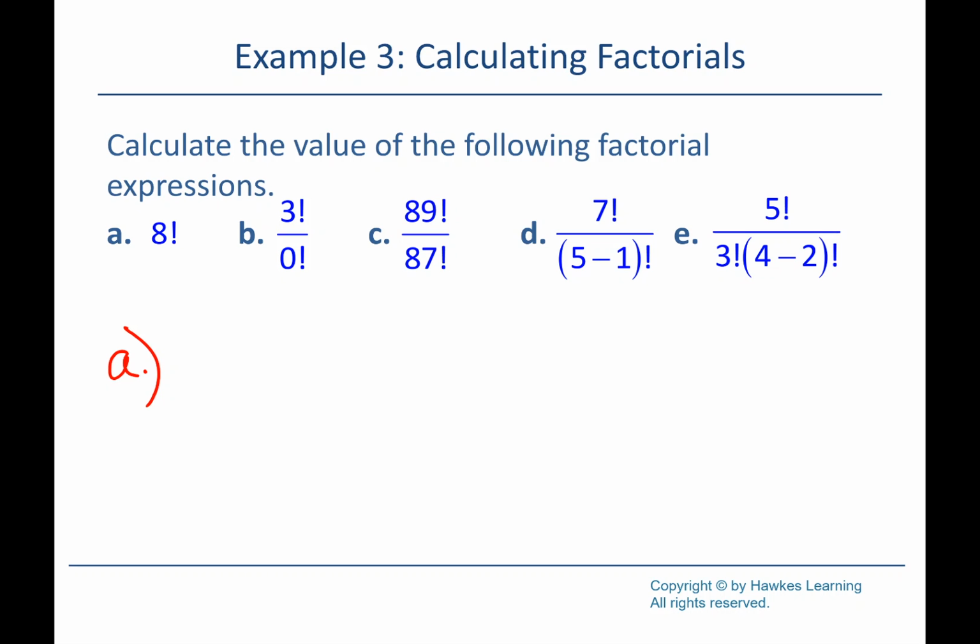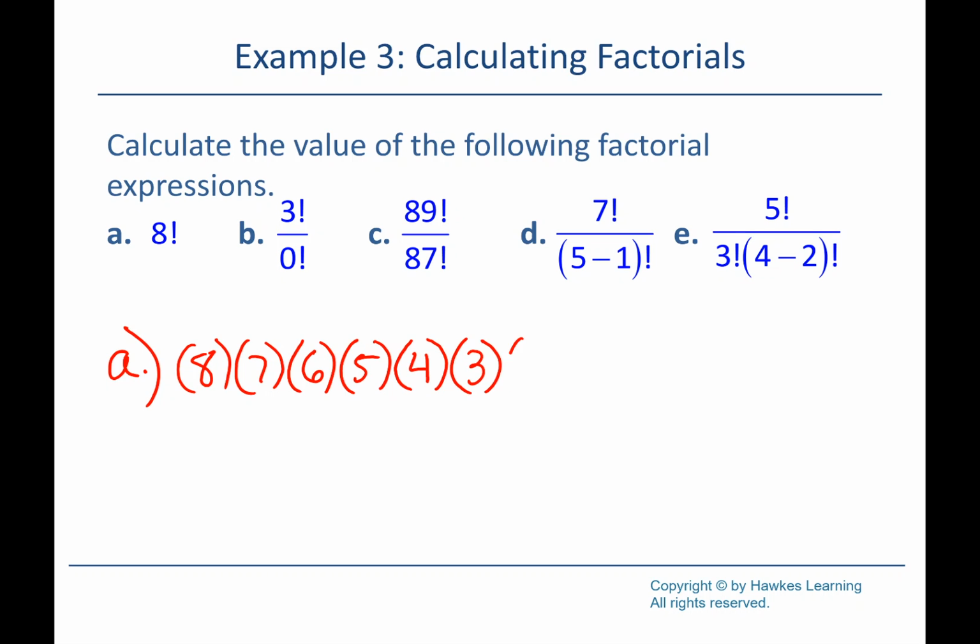On A it says 8 factorial, so that means 8 times 7 times 6 times 5 times 4, 3, 2 times 1. Okay. And we can just do that the long way in the calculator. Some calculators have a factorial button.